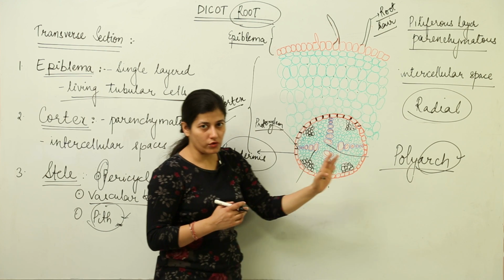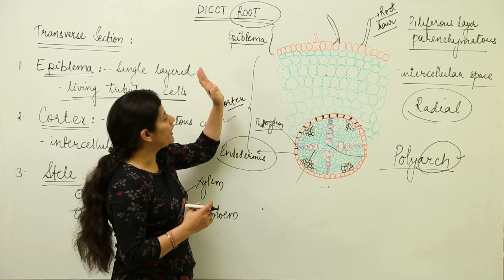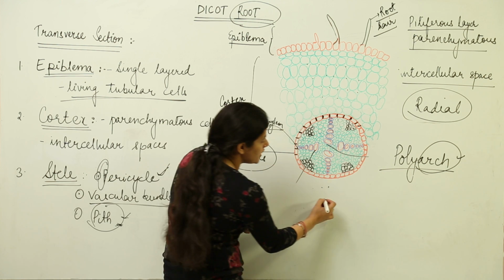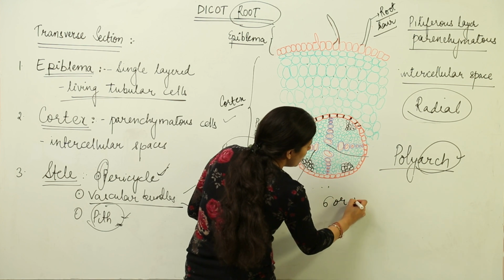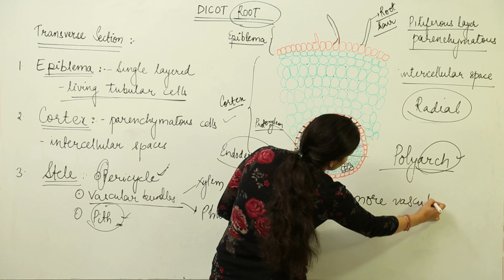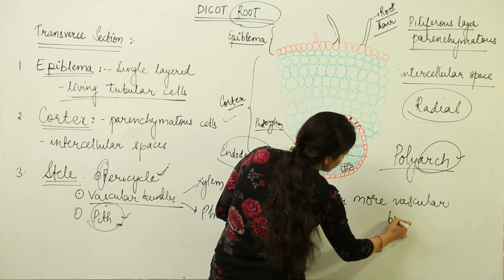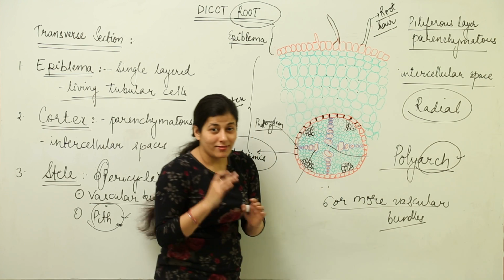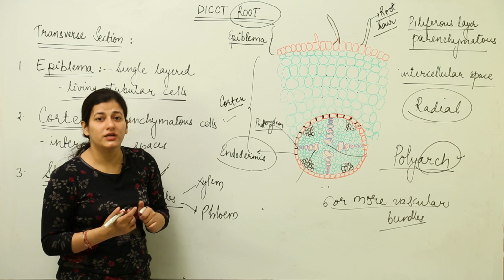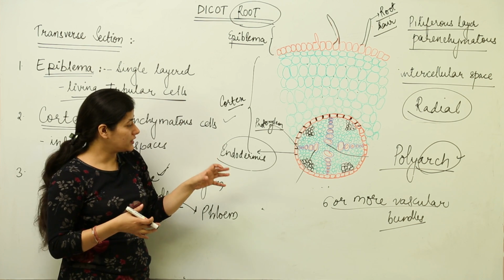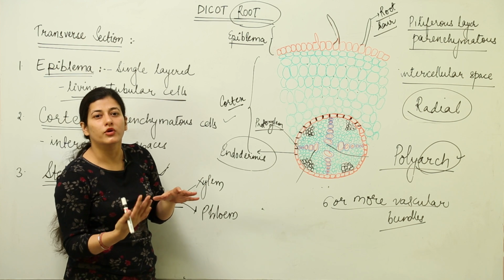In case of monocot root, we are going to find polyarch condition. Now in polyarch condition, when there are 6 or more vascular bundles which are present, that condition is polyarch. Now why I am telling you it over here, though it is not present, because as I told you in the beginning that the points of differences are a better way to learn. It is better to understand from the points of differences.